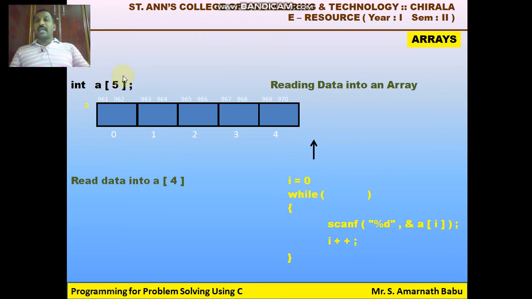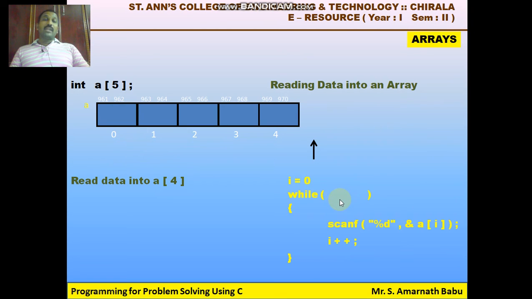As the array size here is 5, the indices range from 0 to 4. So 0 is less than 5, 1 is less than 5, 2, 3 and 4 are less than 5, and once the I value reaches 5, we need to stop the process. So we need to repeat this operation as long as I is less than 5.